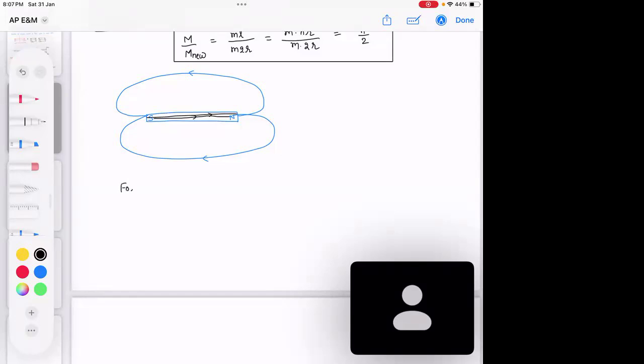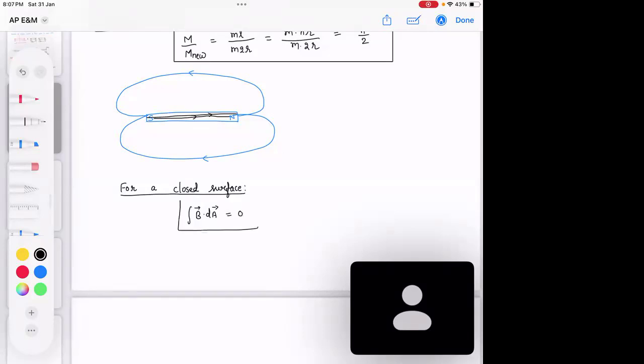Because for a closed surface, if we write B dot dA, which is the magnetic flux, B dot dA is always going to be zero.